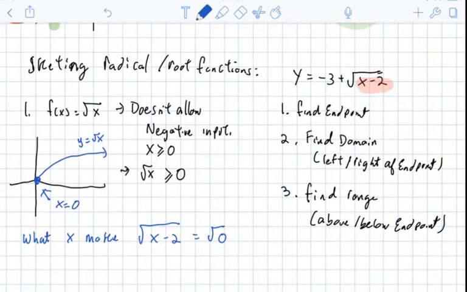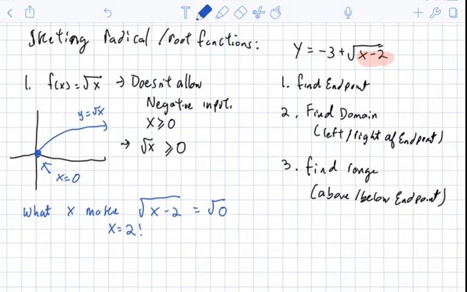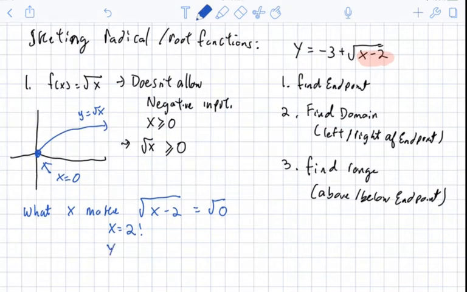It's x equals 2. And then you plug that in, and when x is equal to 2, y is equal to -3 plus square root of 0, so it's equal to -3. And so the endpoint is at (2, -3).